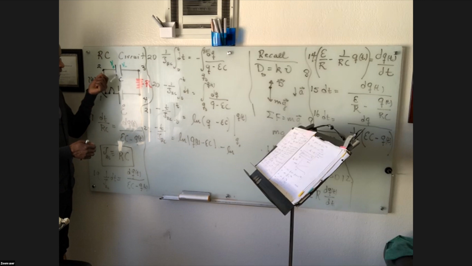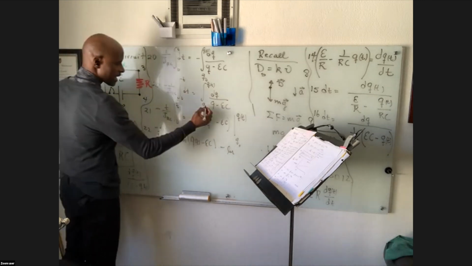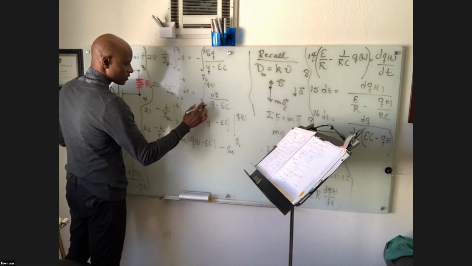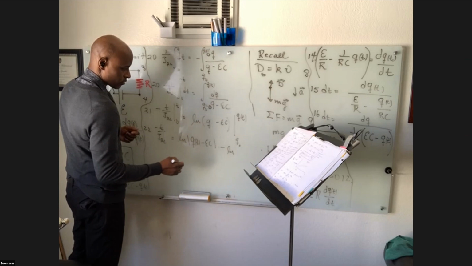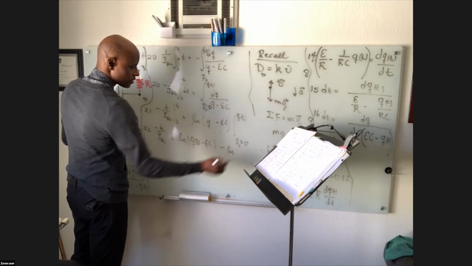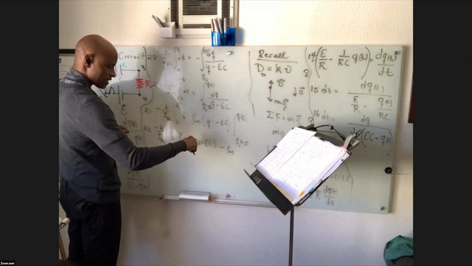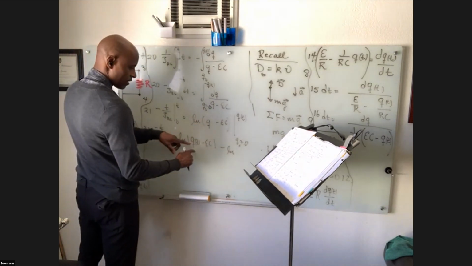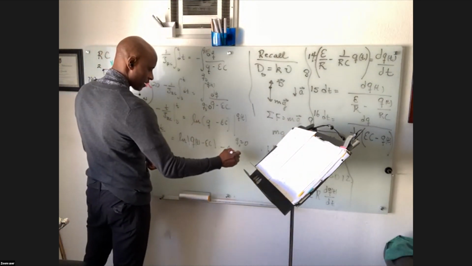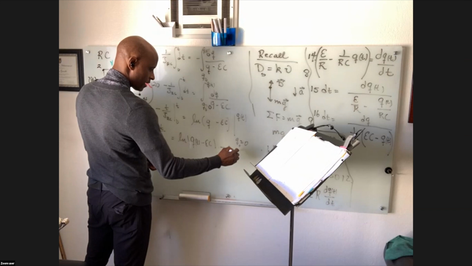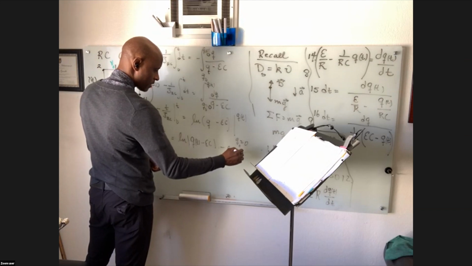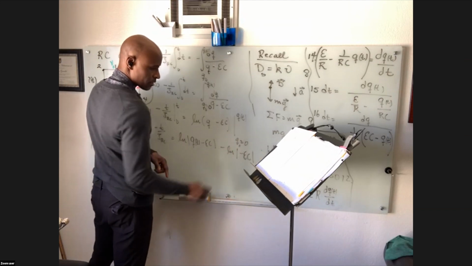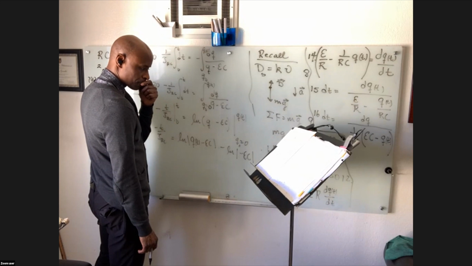So at time t equals 0, Q naught is actually equal to 0. That's what was throwing me off here. So when I plug 0 into here, this second term is just going to be the log of EC minus EC.